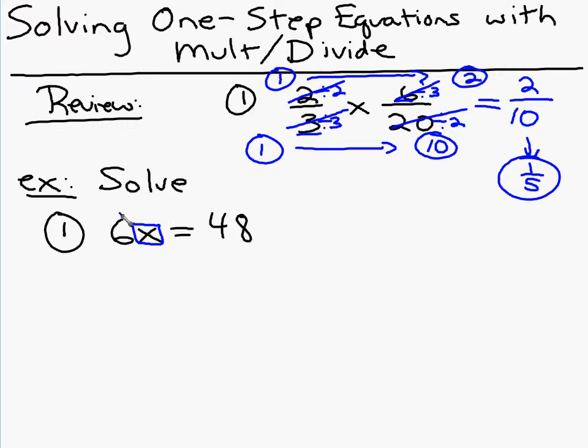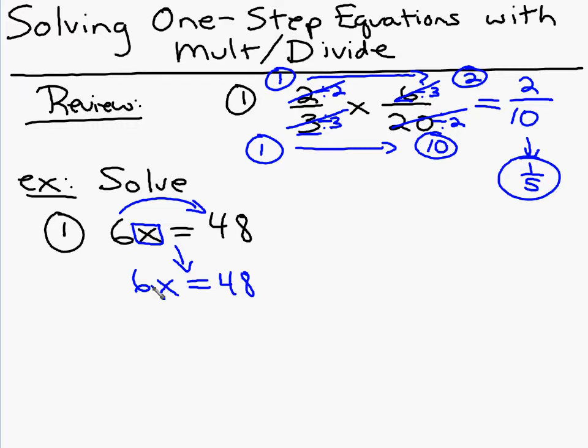The 6 needs to go to the other side. So let's come down with a separate step, because otherwise your notes will not make sense. Let's start here and let's use an opposite. This says 6 times x. So what is the opposite operation of multiplying by 6?